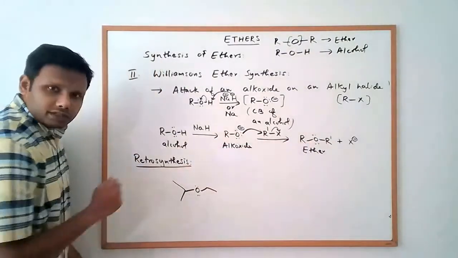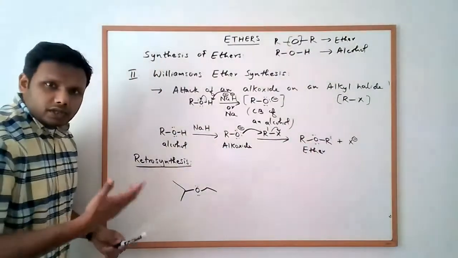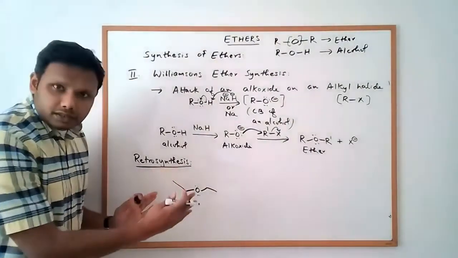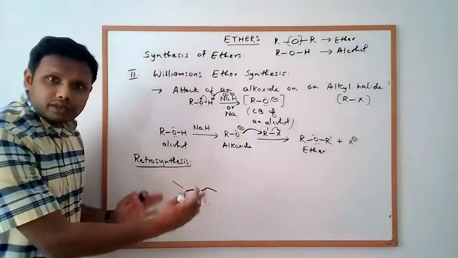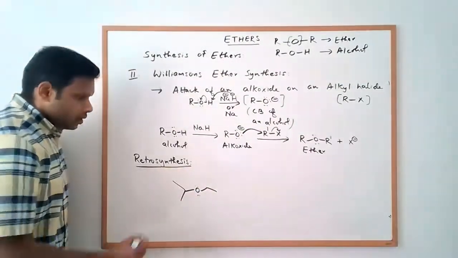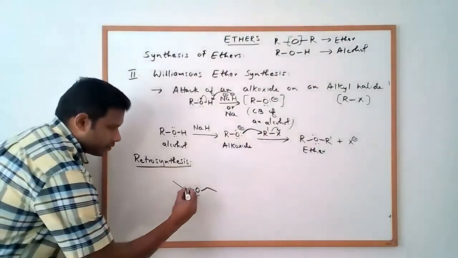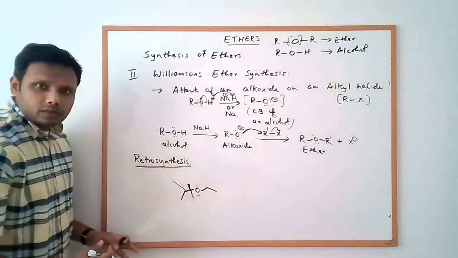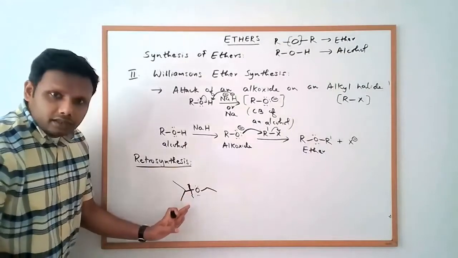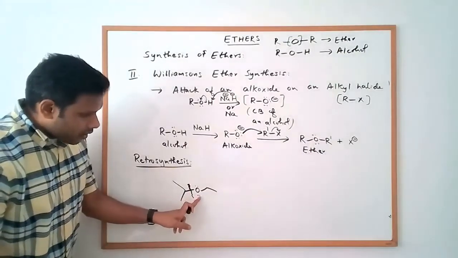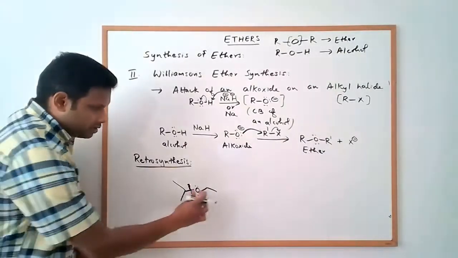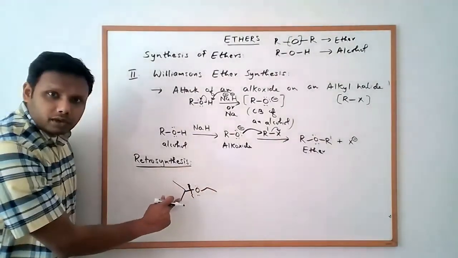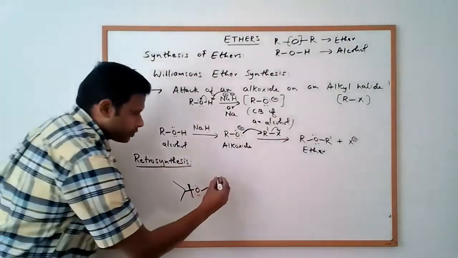So that means for this particular ether, you can imagine two disconnections, essentially two possibilities for starting materials. One possibility is that this was the bond that was formed, okay? And so when you're breaking here, if the oxygen is with that chain, that means this part came in as the alkoxide and the other part was the alkyl halide, okay?